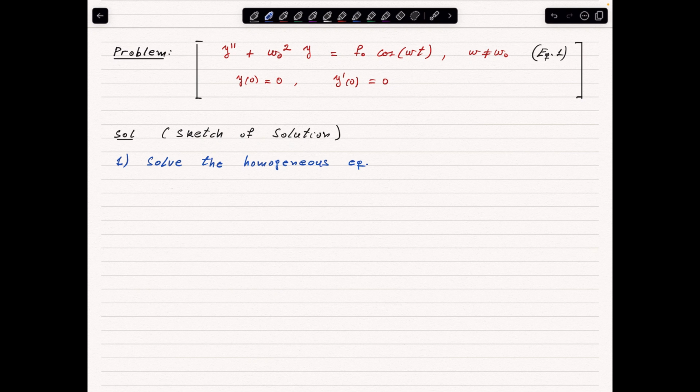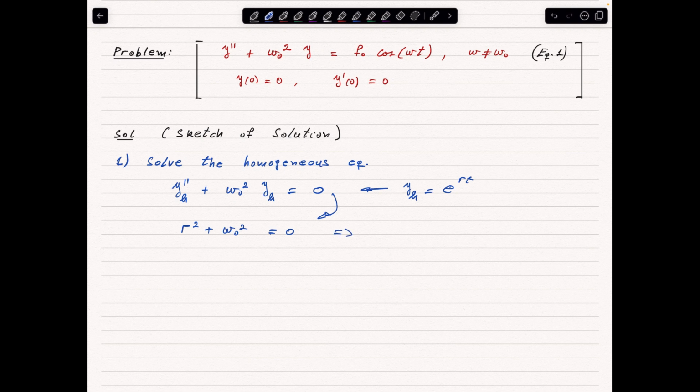We need to find a function yh, a solution of the second derivative plus the natural frequency squared times yh equals 0. And how do we do that? If you recall, we propose solutions of the form e^(rt), which give the characteristic polynomial r squared plus omega 0 squared equals 0.